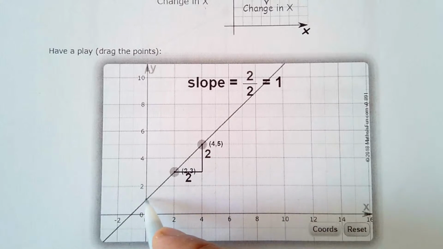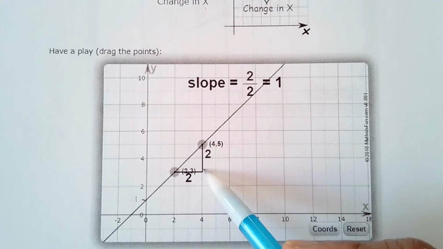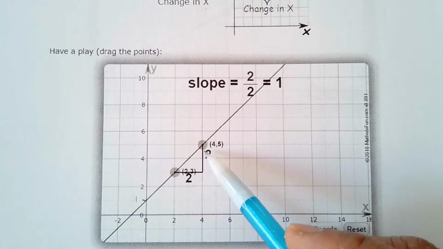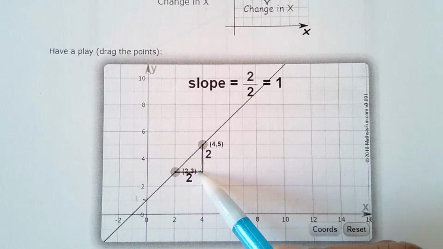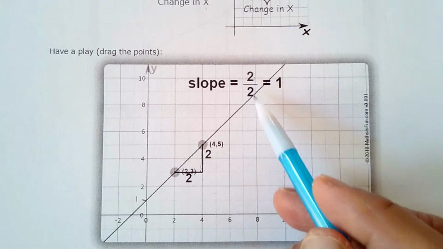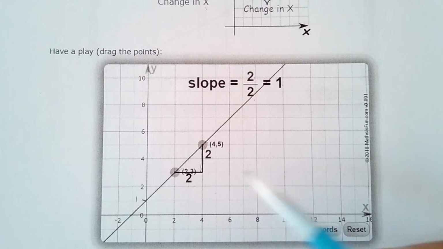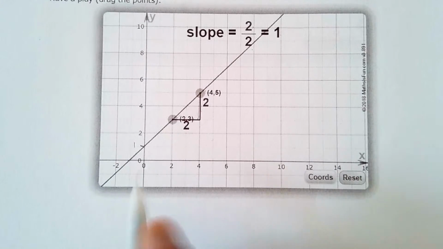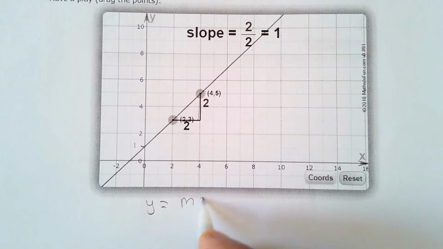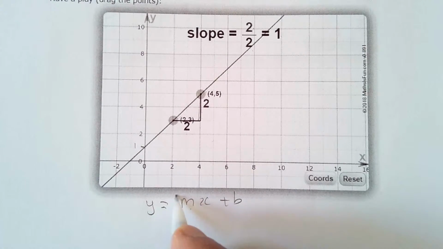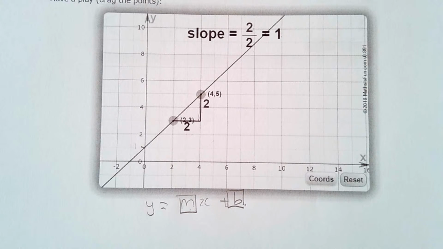Here's another example. Here we have a line, and this line crosses at 1. This time the slope is 1 because the rise is 2 and the run is 2. So 2 over 2 is equal to 1. If I were to write this equation out, it would be y is equal to mx plus b. These are the two things you'll be deriving.